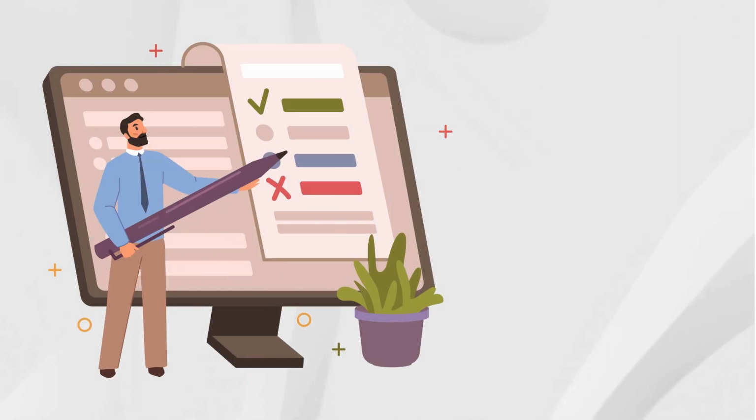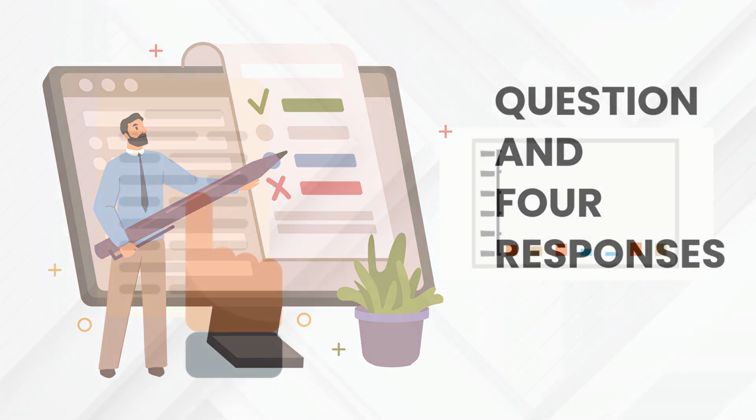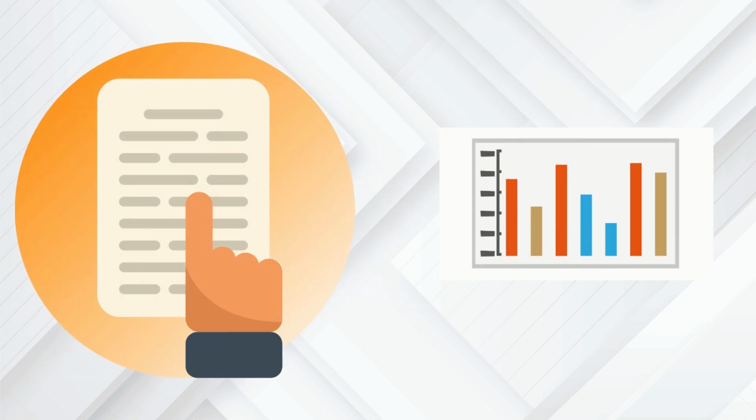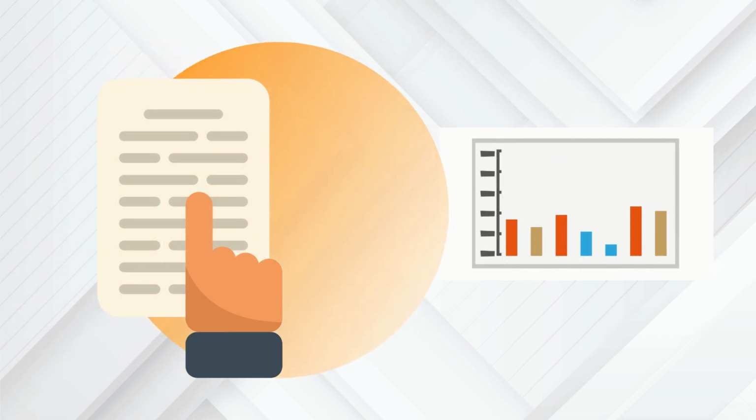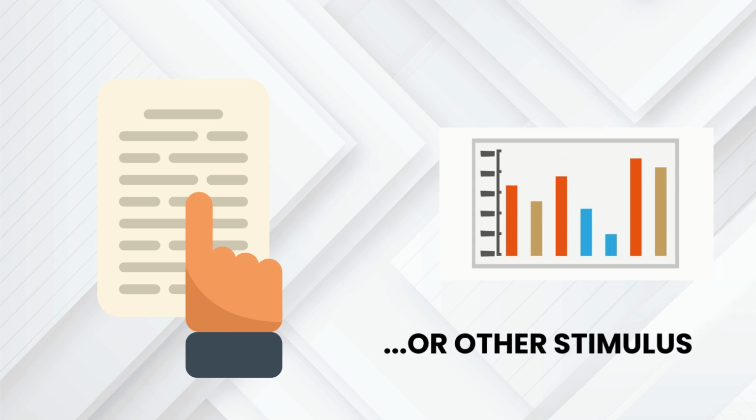Typically, candidates are presented with a question and 4 responses from which they are to choose. Candidates may be directed to refer to a passage to read, chart or data to analyze, or be presented with a similar stimulus to determine the correct response.